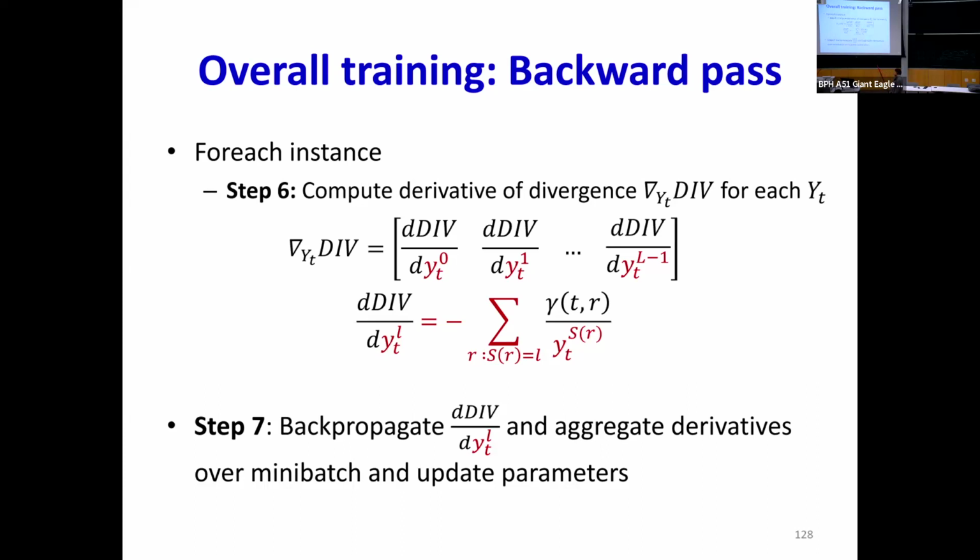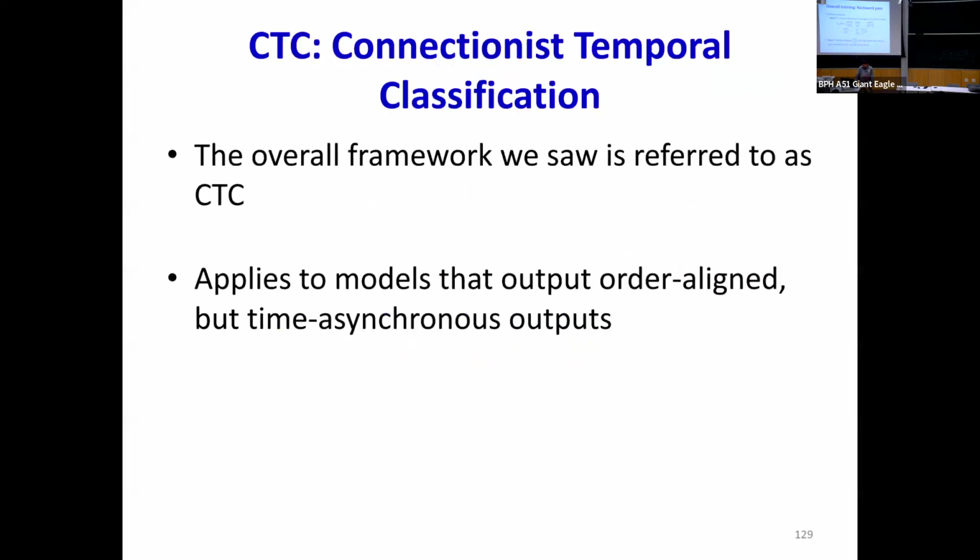So I'd be summing across all 5 instances of the blank. And what I would sum is the ratio of gamma to the probability, right? And that's going to give me my derivatives. And once I have the derivative with respect to the output of the network, I can backpropagate it to train my network. Right? This applies to models that are output order aligned, but time asynchronous outputs.